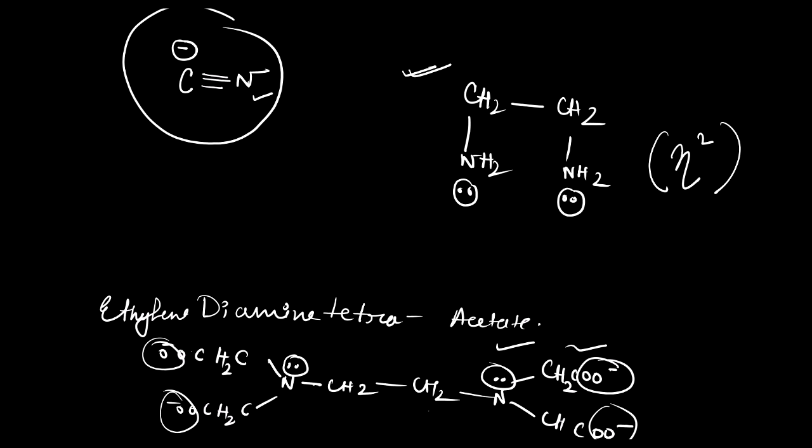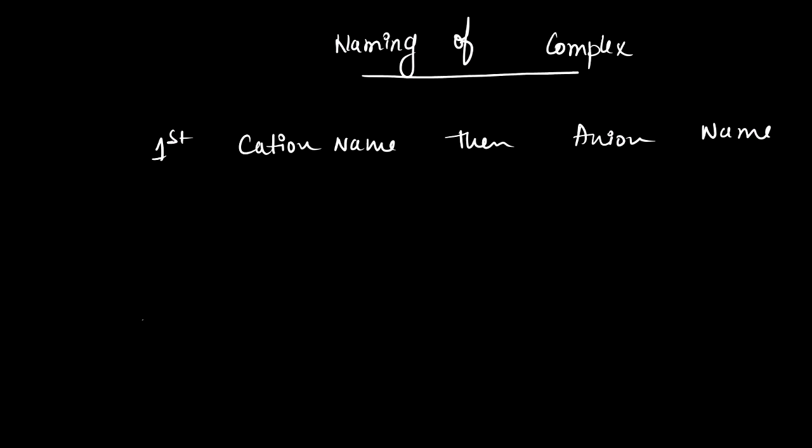Okay, let's go for a few of the IUPAC nomenclature. The very first thing about naming is whenever we have a cation, that will come first. Whenever we have an anion, that will come later. Suppose we have a cationic coordination complex that looks like [ML_x] to y positive, along with one anion Z y negative.